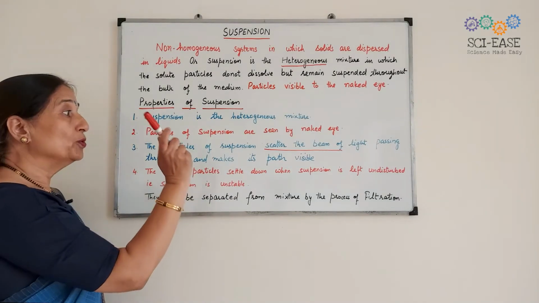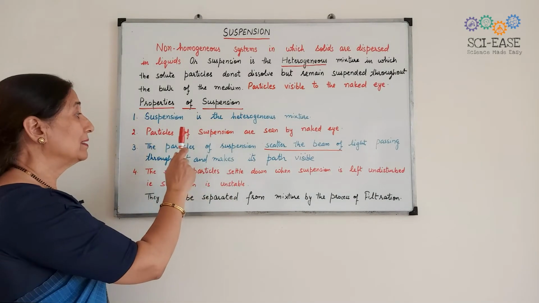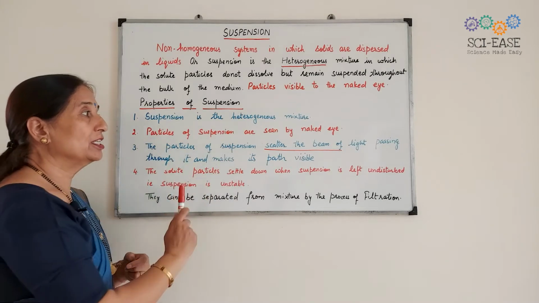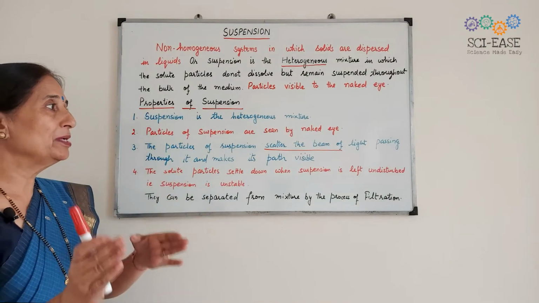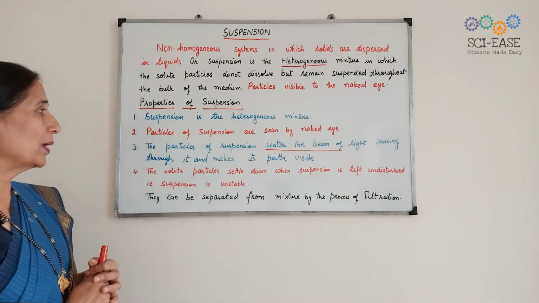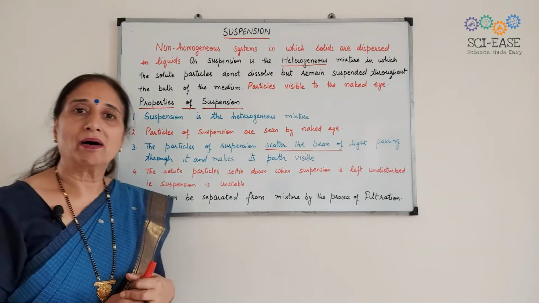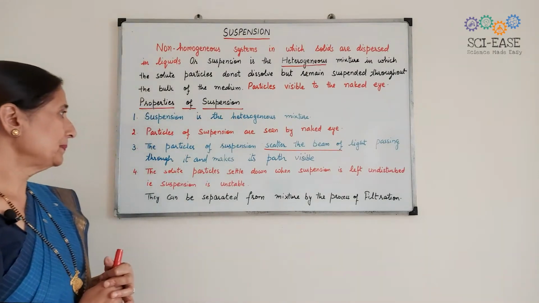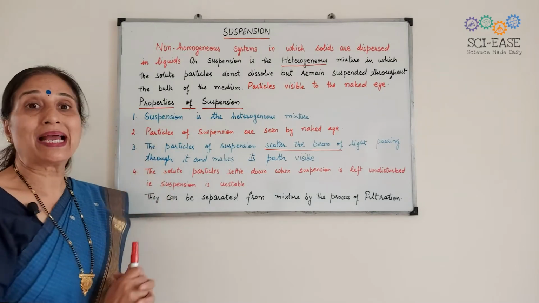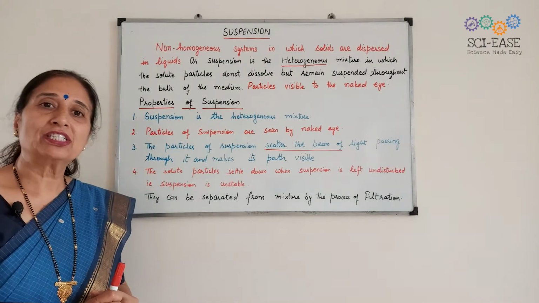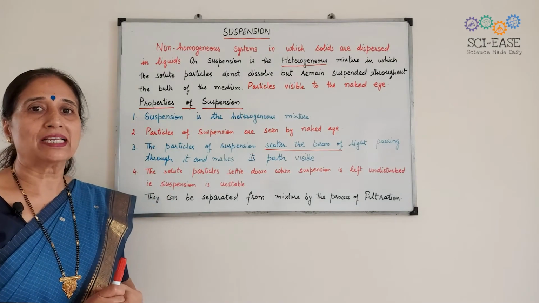Here, you must know that particles of suspension also scatter the beam of light passing through it and make its path visible. And this effect is known as the Tyndall effect, after the name of the scientist Tyndall.